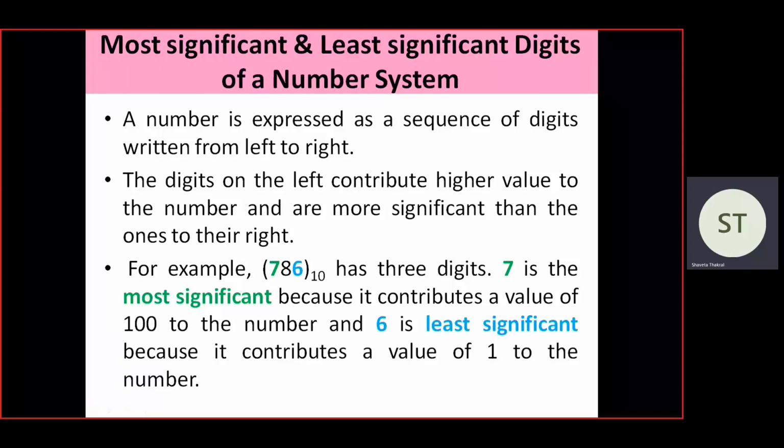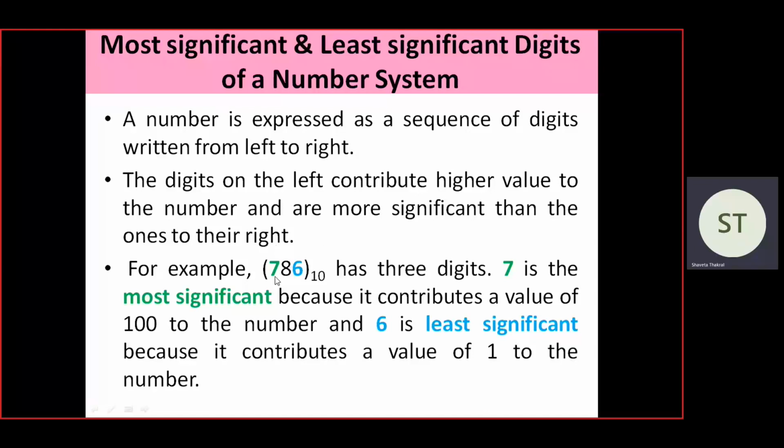So in a number system, how do we represent the most significant digit and the least significant digit? A number is expressed as a sequence of digits written from left to right. The digit that is on the left contributes a higher value to the number, and it is considered more significant as compared to digits on the right side.